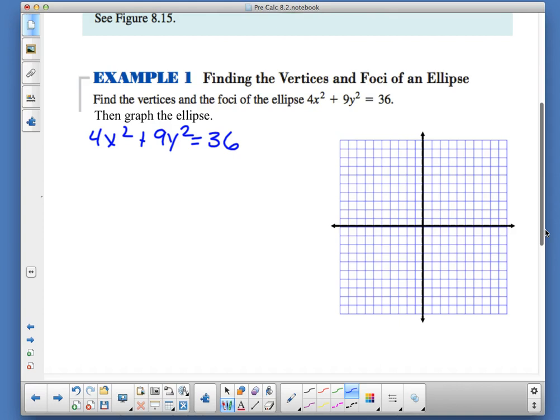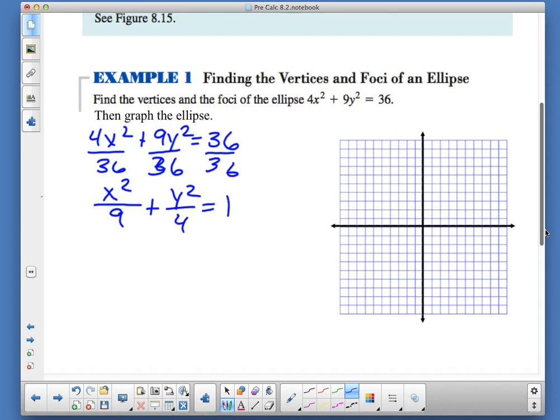How is it decided? 4 times 9 is 36. I have to have x squared and y squared alone with no coefficients on top, but divided by something on the bottom, my a squared and my b squared. But I also have to have a 1 on that right side. So when I divide by 36, I've got x squared over 9 plus y squared over 4 equals 1.